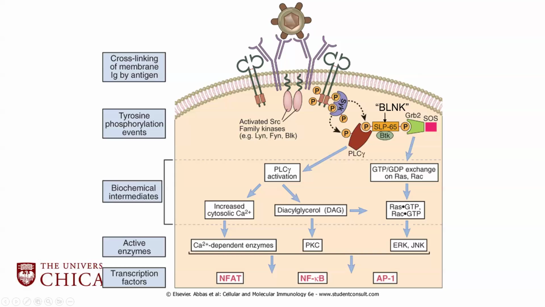You can liberate DAG, which can start that pathway, or you have a similar RAS-RAC or JNK pathway. All of these can signal these essential transcription factors, which are not different: NFAT, NF-kappa B, and AP-1. It's just these early stages that are unique to all the signaling processes that we've learned so far.